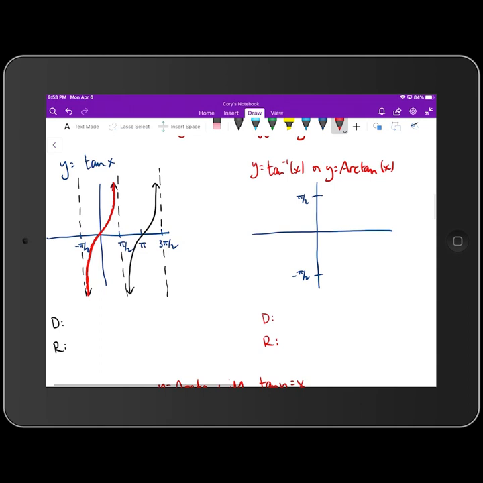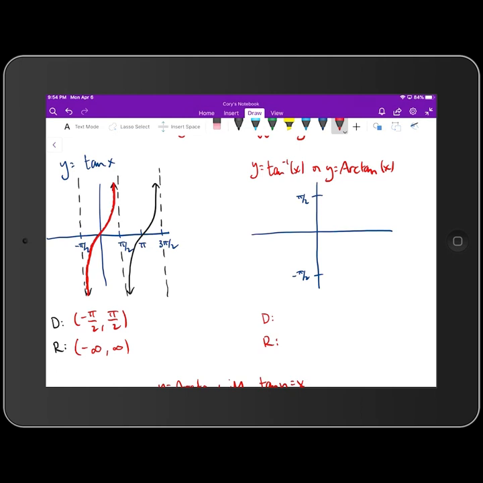So we've restricted the domain here to be the open interval from negative pi over 2 to pi over 2. And then the range values, or the y values that get covered by that graph on that interval, are all real numbers. So that's going to be the open interval from negative infinity to infinity.